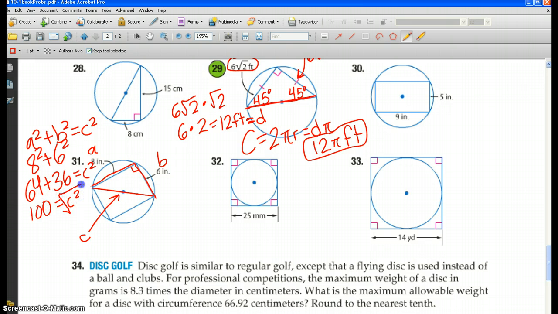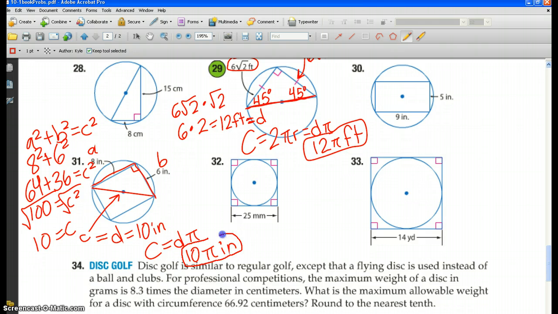So to find C, we take the square root. C is equal to 10. So if C is equal to 10, that's our diameter. So our diameter is 10 inches. Our circumference is diameter times pi, or 10 pi inches. Exact answer in terms of pi.